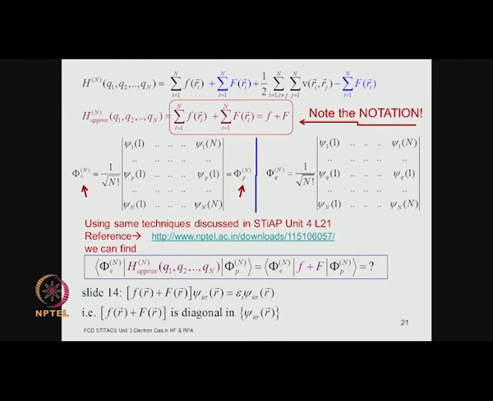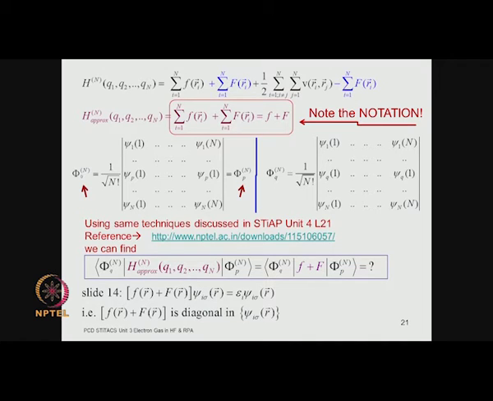So, that is the question that we have raised, and just to remind you, in slide 14 earlier we have shown that we are working with eigenstates of the single particle operator, which is the modified single particle interaction, which is the sum of little f and the uppercase F. So, this operator f plus F is obviously diagonal in this. Okay.